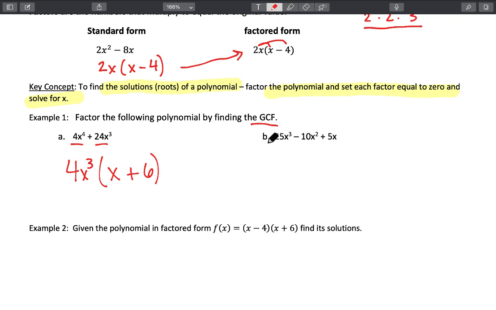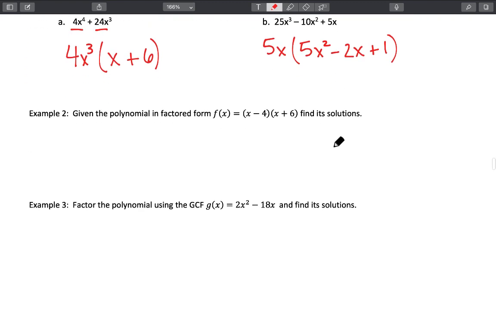In our next one, as I look across the three terms of this trinomial, it looks like I can divide out a 5x from all three of these terms. When I do that, I'm left with 5x squared minus 2x plus 1. And again, these are two lesser degree polynomials that, when multiplied together, would give me back my original. So what I'm doing is factoring by using the greatest common factor.